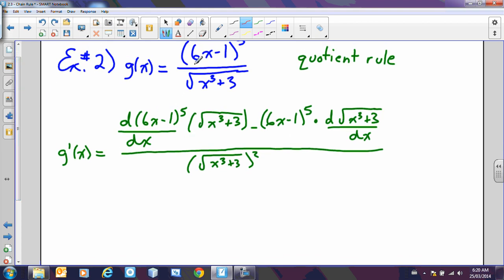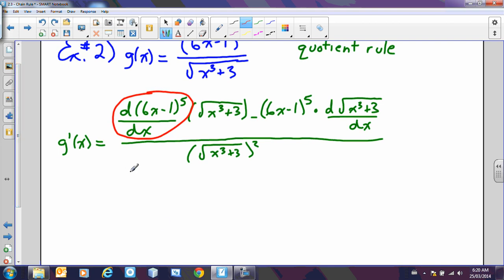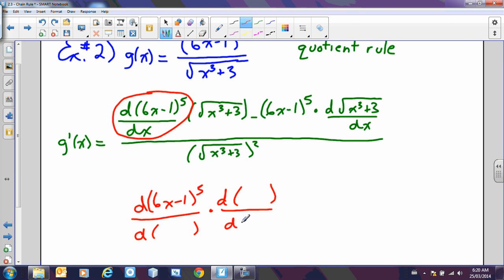Now, the actual derivative of this part right here, if I were to do just that, I would take the derivative of (6x - 1)^5, or again, my unknown value in here, my unknown bracket, with respect to itself, and then I would deal with what the contents of the unknown bracket are with respect to x.